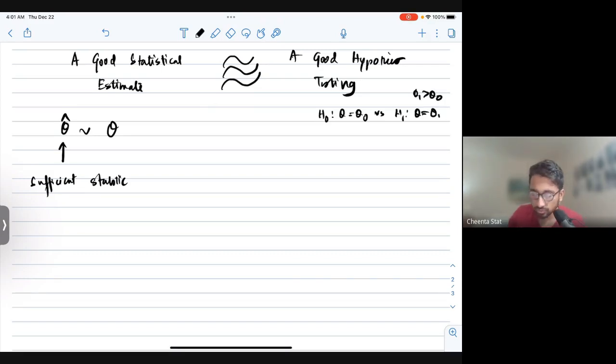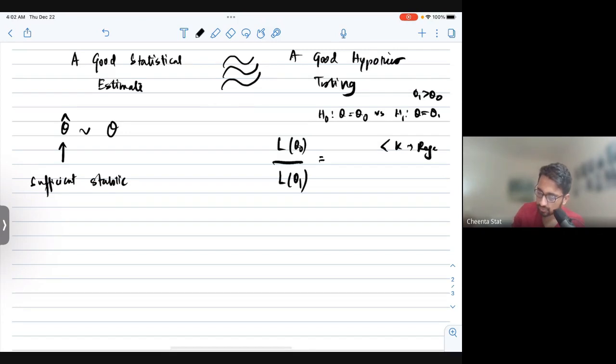For this, we used the ratio of likelihoods, L of theta naught by L of theta 1. We found that if this is less than a certain value, we reject. If it's greater than a certain value, we do not reject. We don't say we accept, we do not reject.